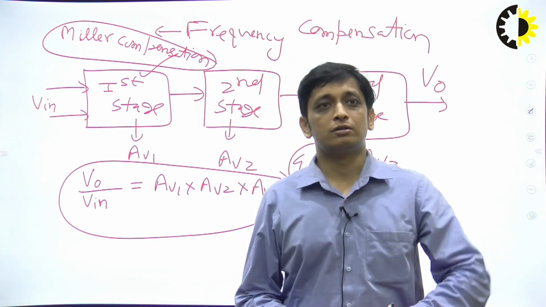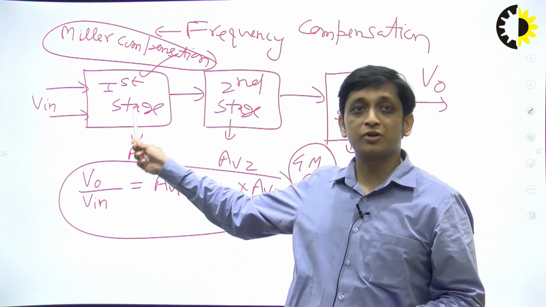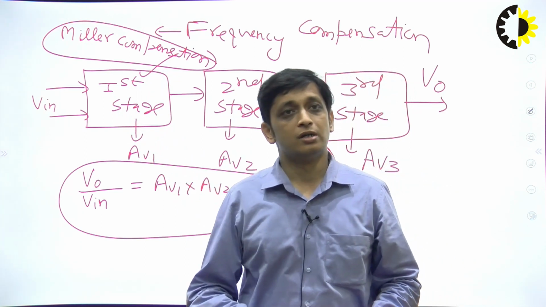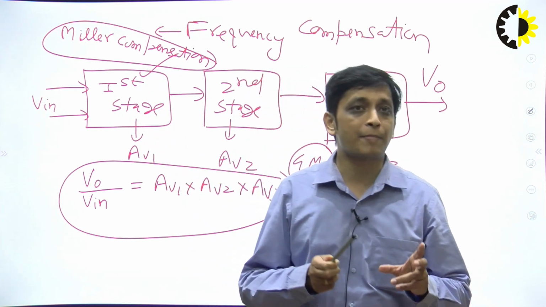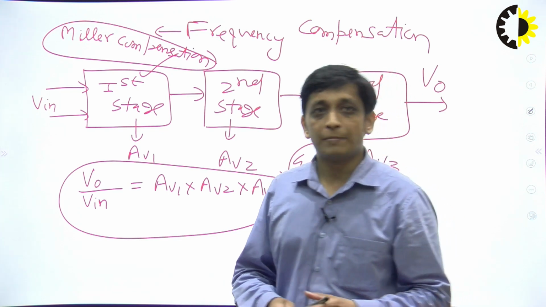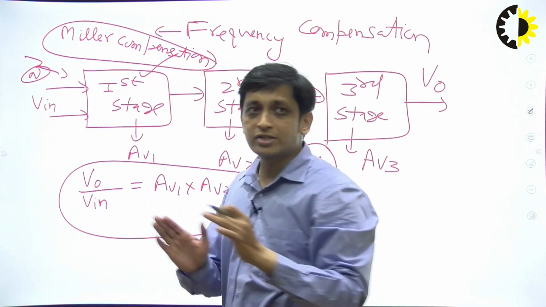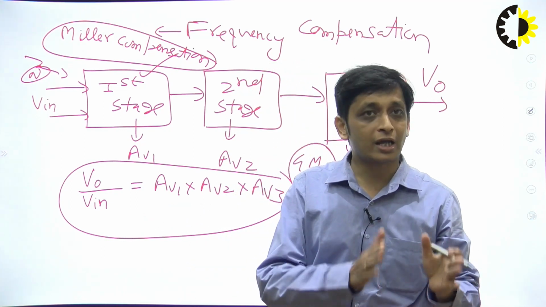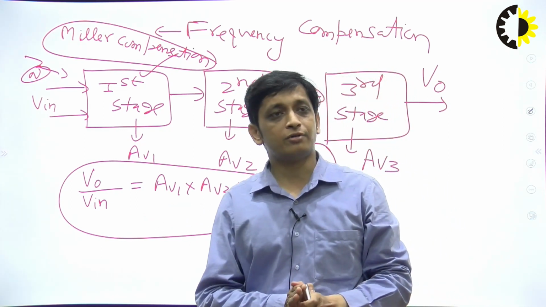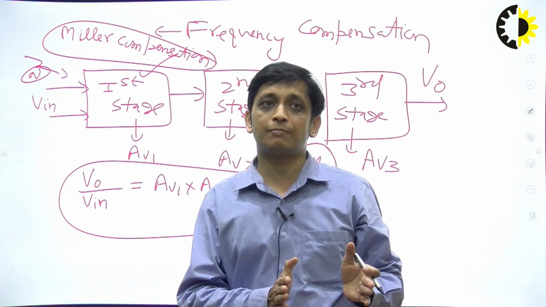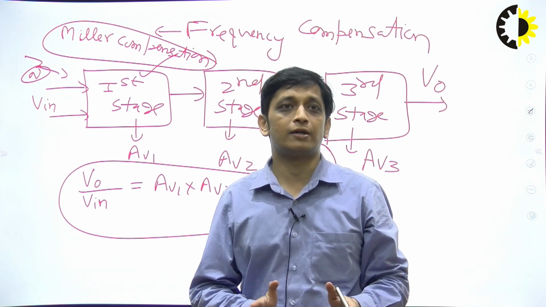It is very important to use a differential amplifier at the input stage, because a differential amplifier has the capability to reject noise. Because it's a circuit, there will be noise, so we need to reject that noise. For that, the input stage of any multi-stage amplifier should be a differential amplifier.